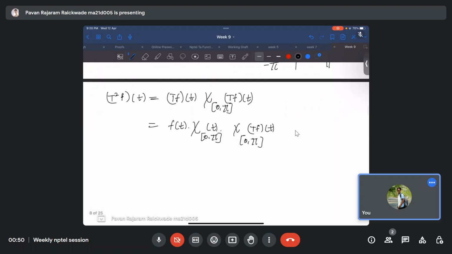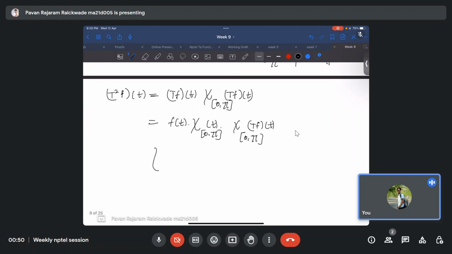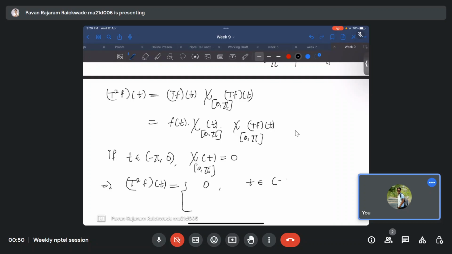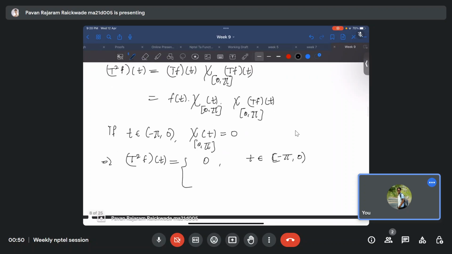So you can just split it: if t belongs to minus pi to 0, the characteristic function at t is going to be 0, which implies T square f at t is going to be 0 when t belongs to minus pi to 0. But if t belongs to 0 to pi, what do we have?